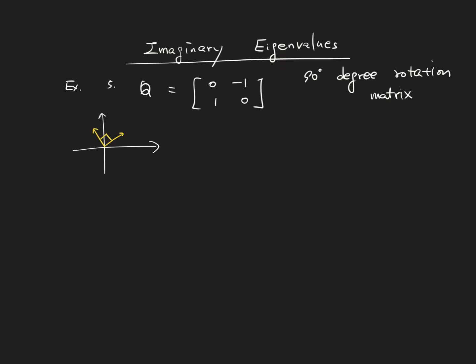In this 2-dimensional 90-degree rotation case, we don't have any real eigenvector, because lambda is just a stretching factor.